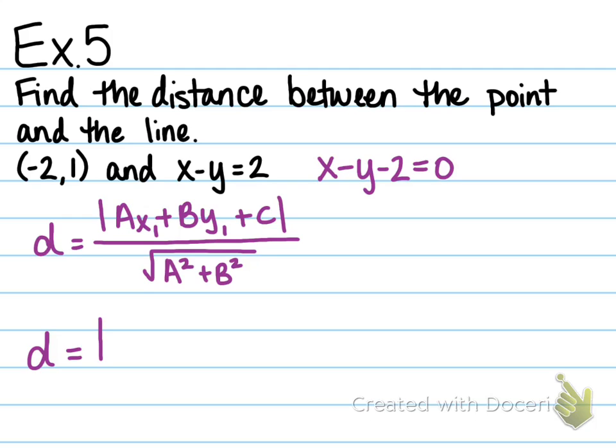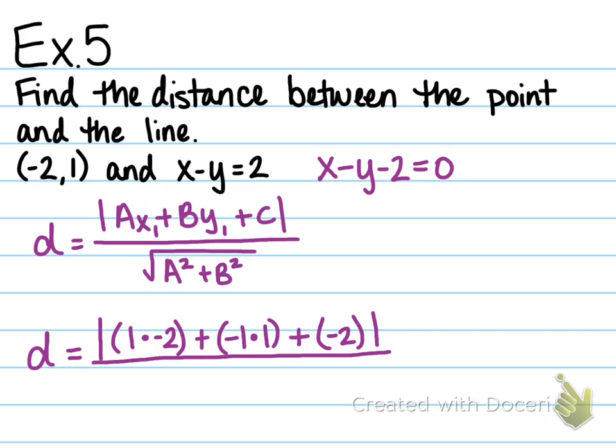On the top, this will be the absolute value of 1 times negative 2, so that's the number in front of x times the x coordinate, plus negative 1 times 1, the number in front of y times the y coordinate, plus c, which is negative 2 from the equation, all over the square root of a squared plus b squared, so that's the square root of the number in front of x, which is 1 squared, plus the number in front of y, which is negative 1 squared.